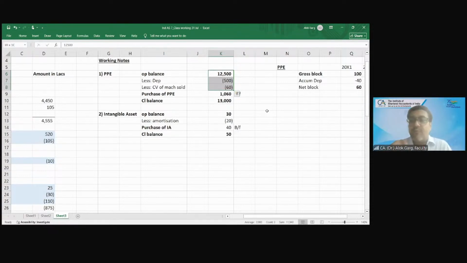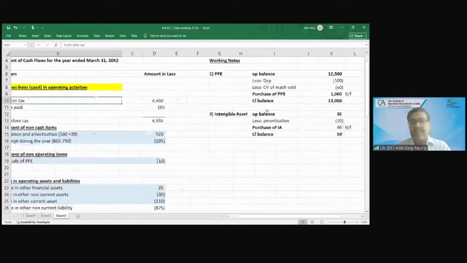So your closing balance would have been 11,940. But it is 13,000, so there is a purchase of PPE. It is a calculated number, not an assumed number. Sir, it is calculated, but I am asking whether it is a cash purchase. Yes. If it were not a cash purchase, it would have come in creditors, right? A creditor for supplier would have been written somewhere. So it is a cash purchase. If nothing is written, I will assume this as a cash purchase. Okay, sir.